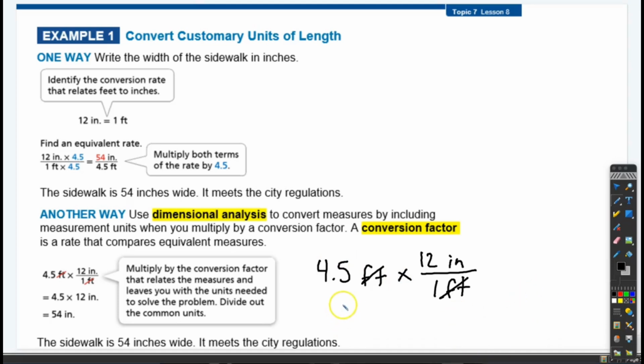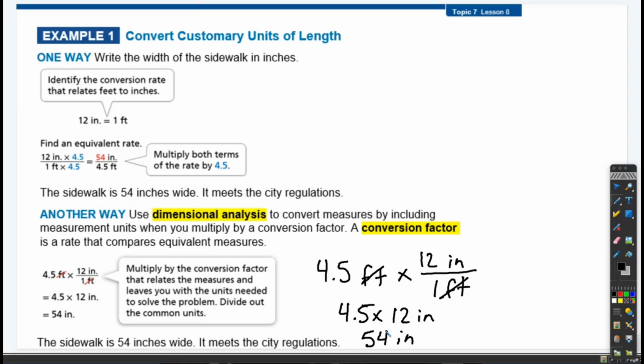And then you're left with 4.5 times 12 inches. And 4.5 times 12 is 54. And then inches. So yes, it meets the city regulations. Again, for like the third time. Yippee!